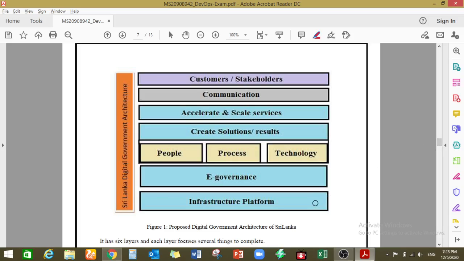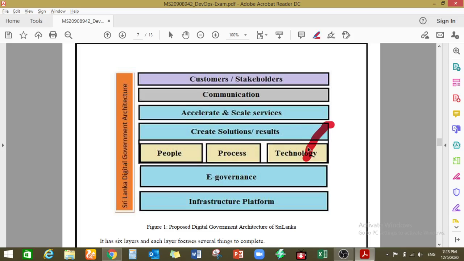It starts from the bottom. This is the infrastructure platform, and the second phase is e-governance, and then a development phase to create solution results, which consist of people, process, and technology.